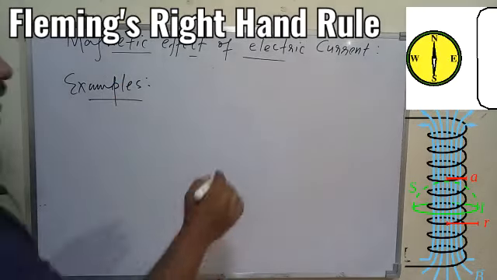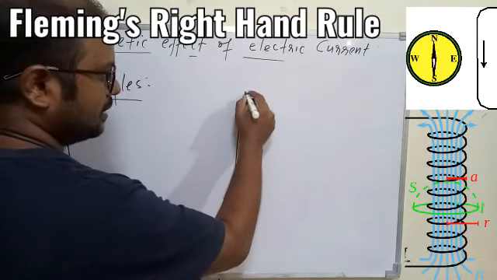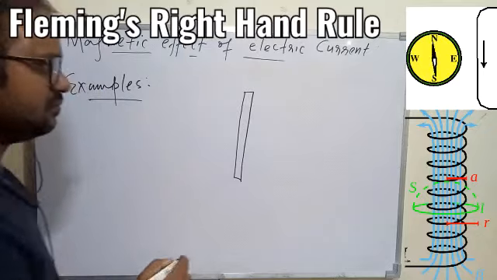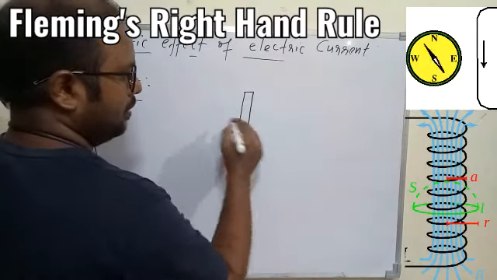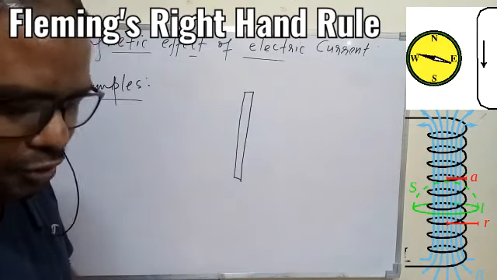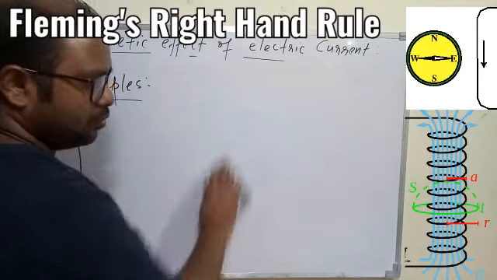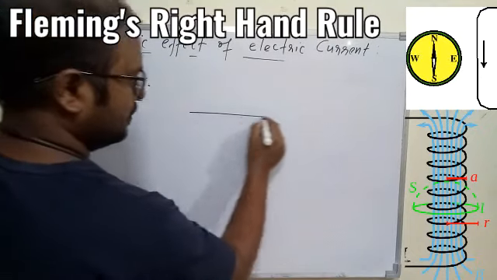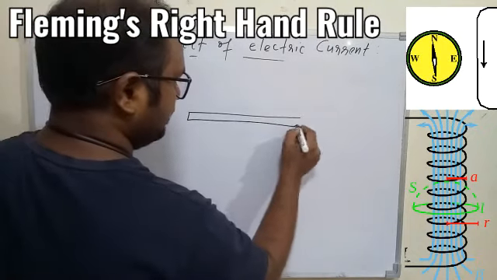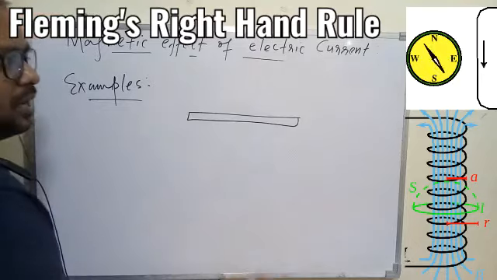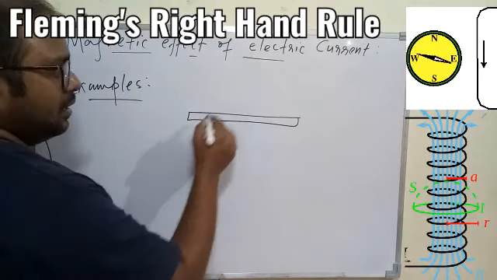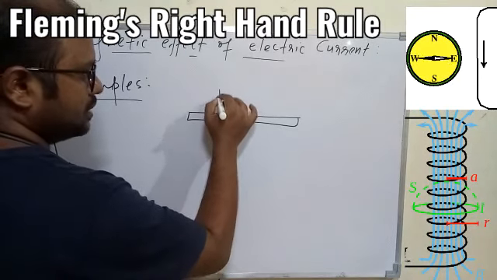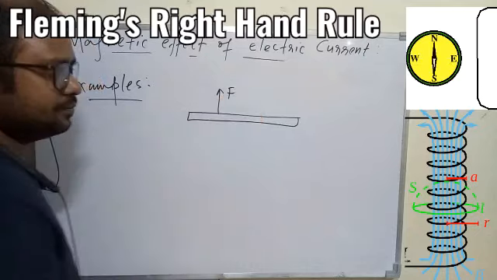So let's take that a straight conductor is placed horizontal. Let it be more clear. So this conductor is a part of the coil, and we are giving force to this conductor in particular direction.